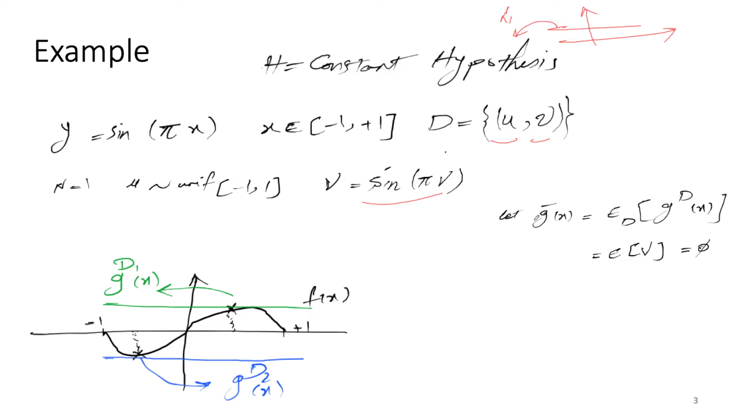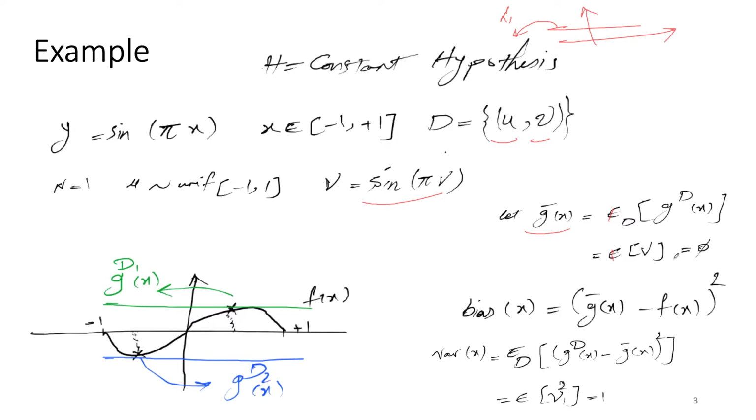So just like what I mentioned in the previous slide, we're going to define g bar as the expected value of g_D of x, which is equal to 0. And then we talked about how we're going to compute bias and variance.